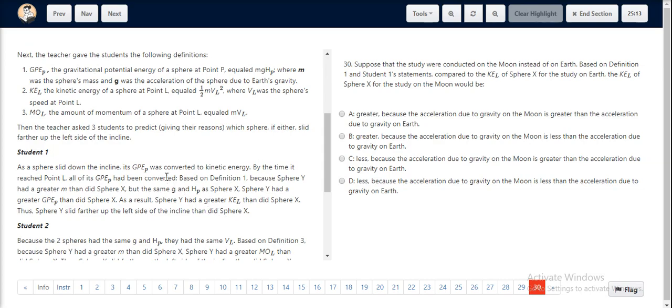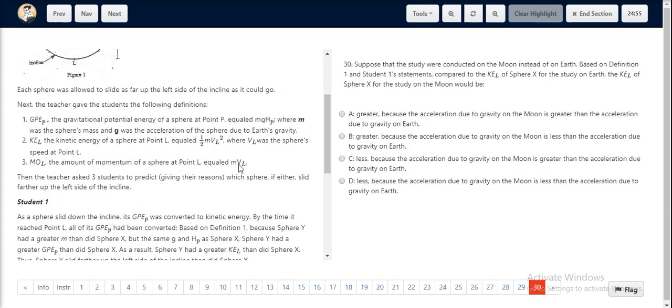And hence, since this GPEP was converted to kinetic energy, sphere y would also have a greater kinetic energy of the sphere at point L. And because of this, sphere y would slide further up the left-hand side of the incline compared to sphere x. Based on this information, we apply definition 1 to the question.